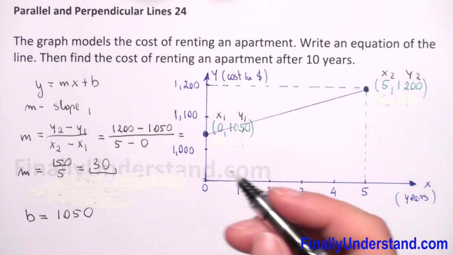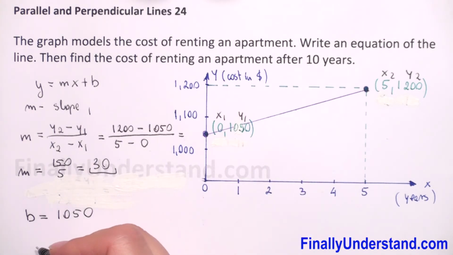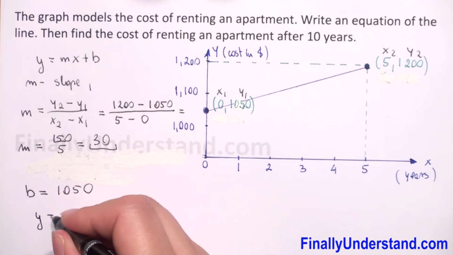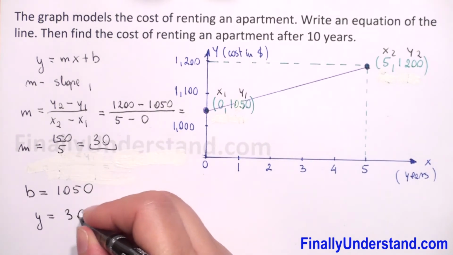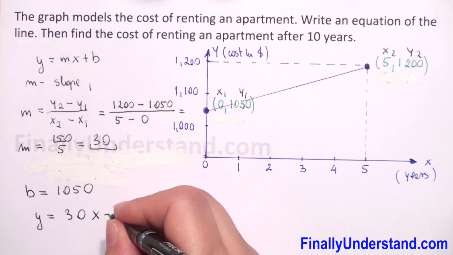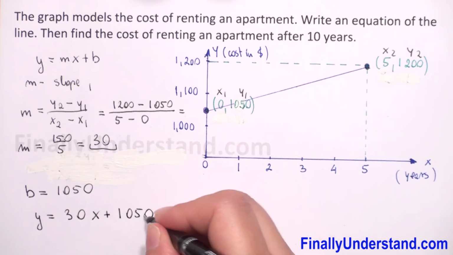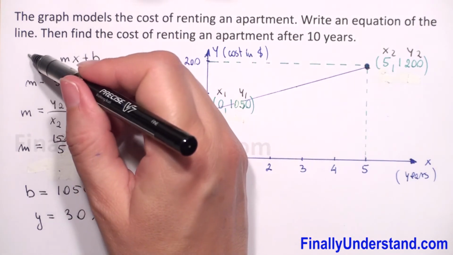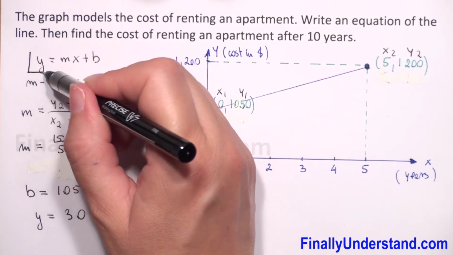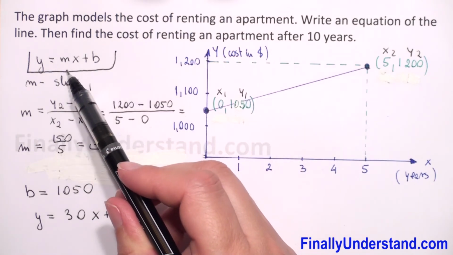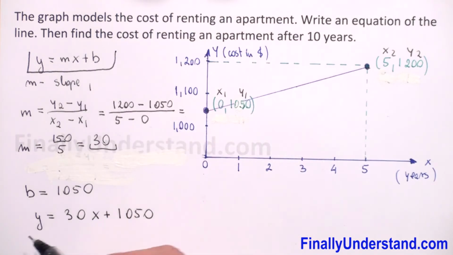So our equation will be y is equal to 30x plus 1050. I just substitute m and b into the slope-intercept form. So we have our equation.